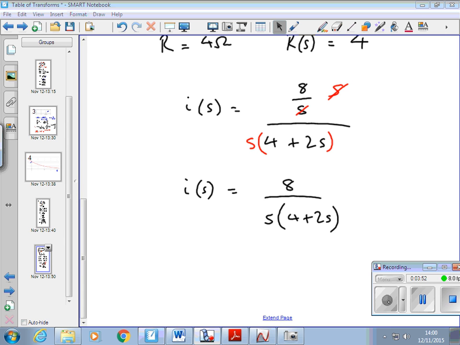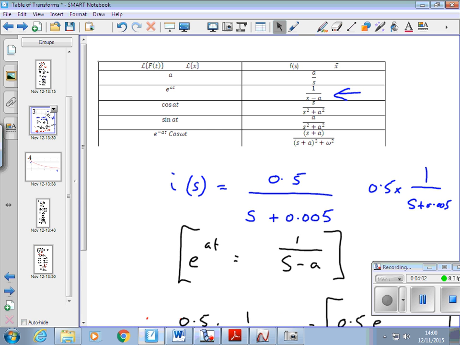What do we do now? If we look at our table of transforms, it will help us. If I go back to here, this one we looked at before, and we look at this one and this one, so that's this one here and this one here. If you look at this one, there's something involving an S, and this one we've got an S and then a constant term.